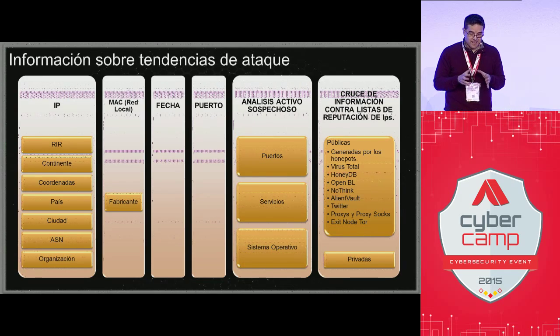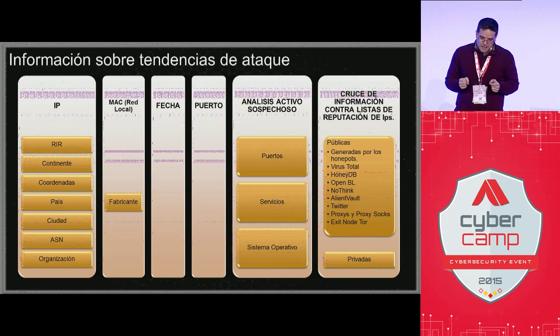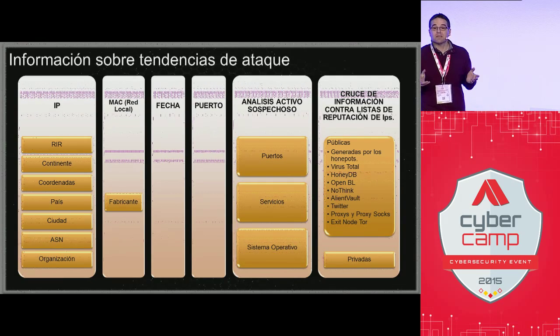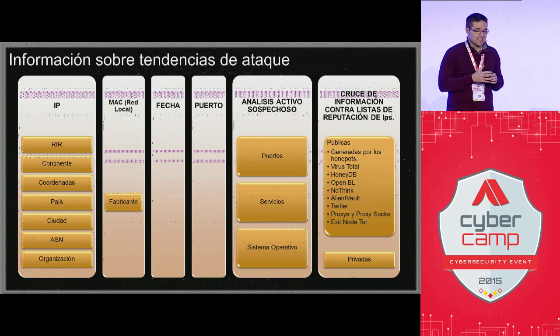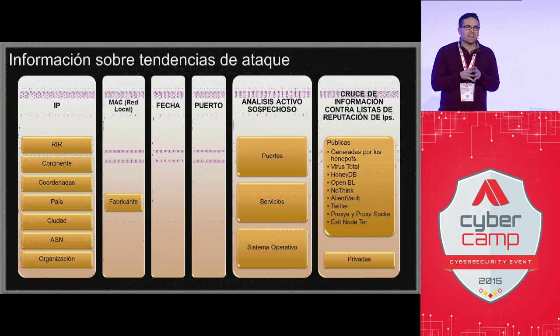If you are in a local network, we can also get the MAC address as well as the manufacturer, then the date, the port, and we can also carry out an active analysis of the attacker or suspected attacker, analyzing the ports, the services, and the operating system.